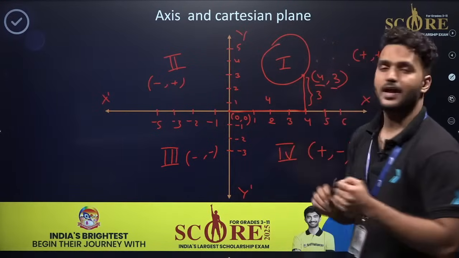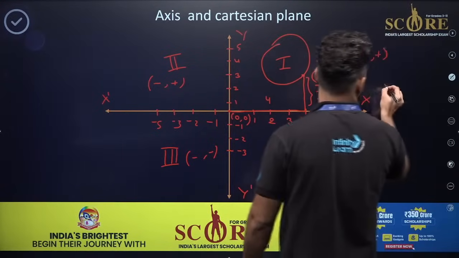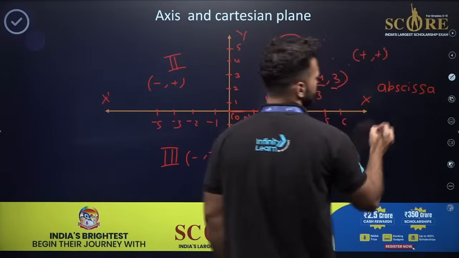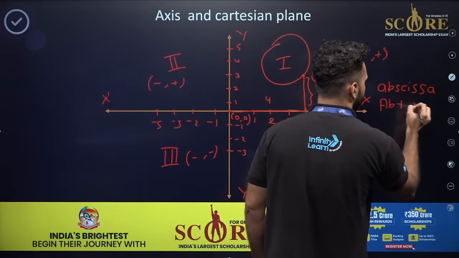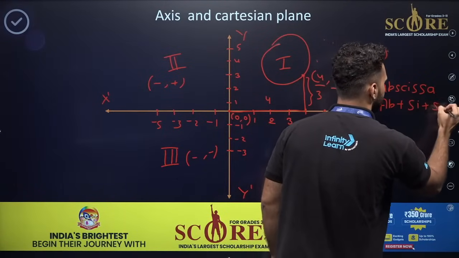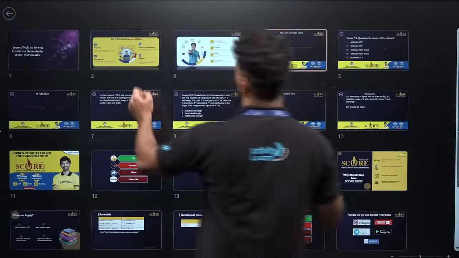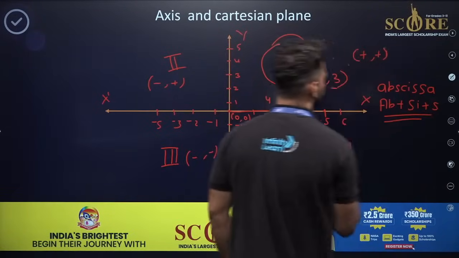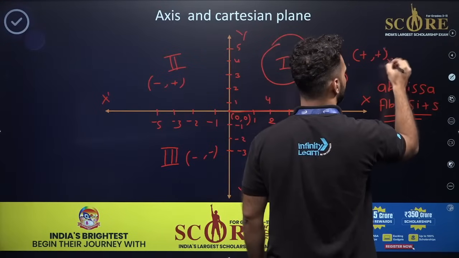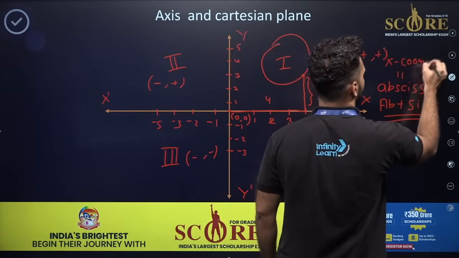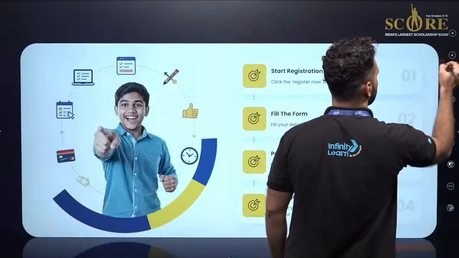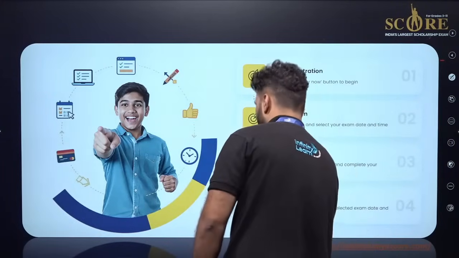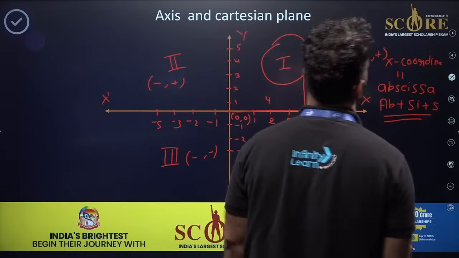This x coordinate has a nickname, abscissa. How to pronounce this? Ab plus c plus sha. Oh, sorry guys. Yeah, abscissa. That's how we can pronounce it. What is this? Nothing but the x coordinate.